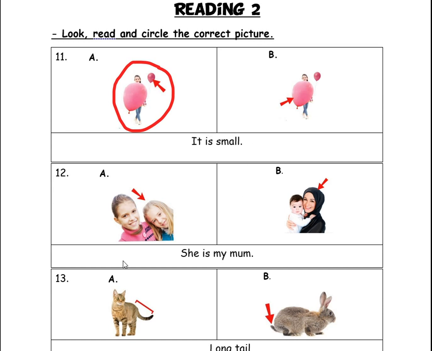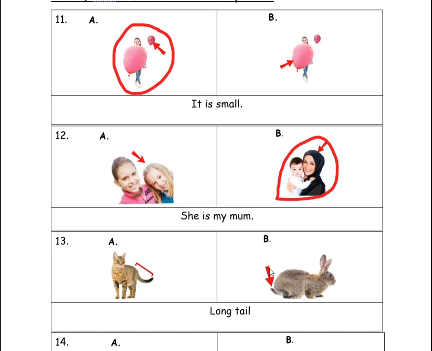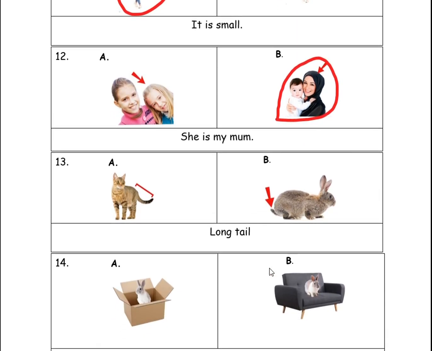Now, number 12. Let's read the sentence. She is my mom. A or B? Of course, this picture is my mom. Alright, it says here, long tail.